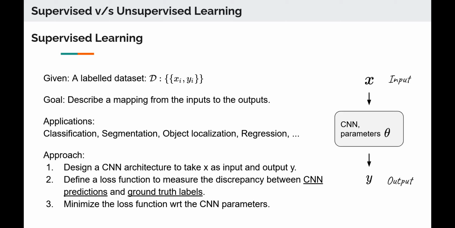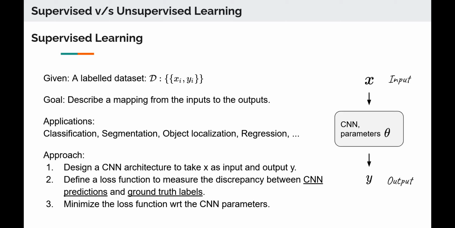Once we have that, then that CNN will have some learnable parameters theta. Now we need to adapt these parameters. We need to optimize with respect to these parameters. And for doing this, we need to define a loss function. So when we feed in some image X and these thetas are randomly initialized, there will be some prediction Y. Now, usually this prediction will be very different from the target prediction that we have in mind.